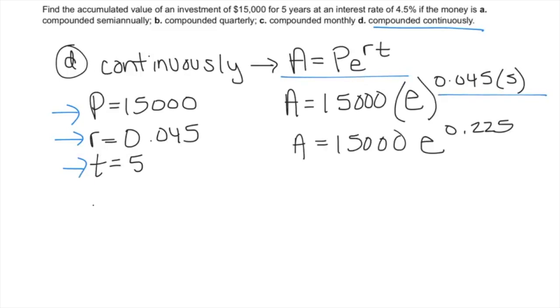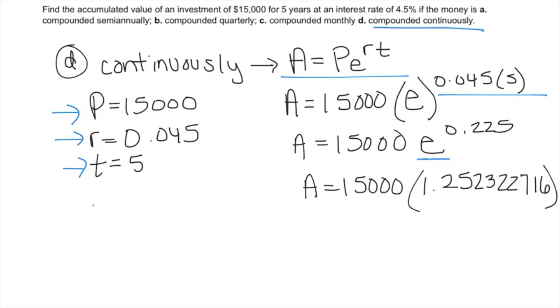Next, you want to look at your calculator and identify e on your calculator. e is just a natural number, and it's a decimal number. It has a really long decimal expansion, and it goes on forever. So the calculator has that decimal programmed as the letter e. So you'll just find that button, click e, and then raise it to the 0.225 power.